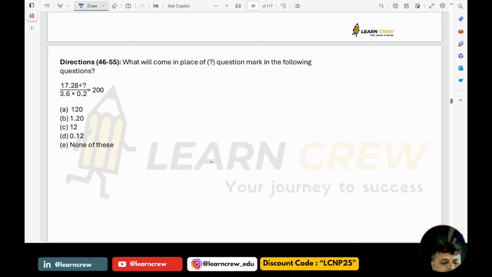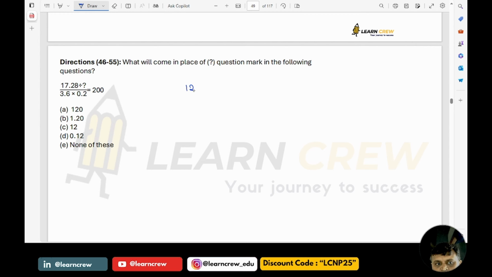Now questions based on simplification, you have 1728. 1728 means 12 cube, right? So 12 cube. 36 into 2 is 72.